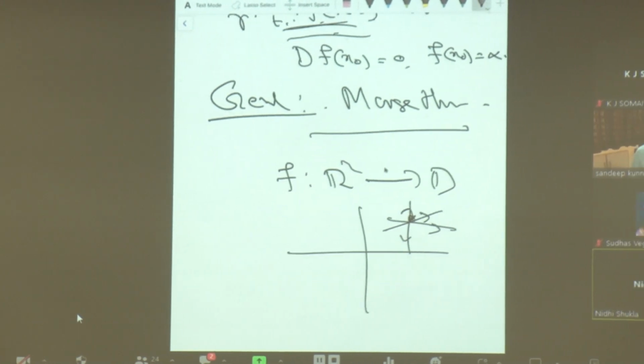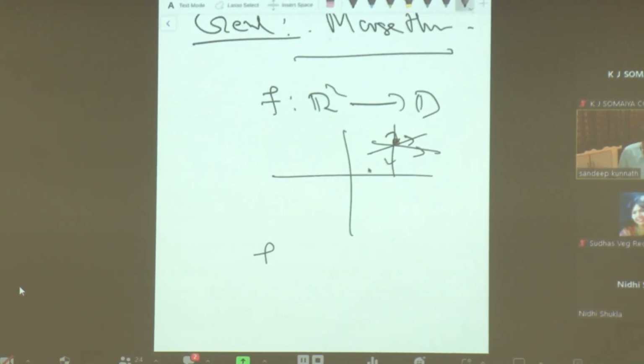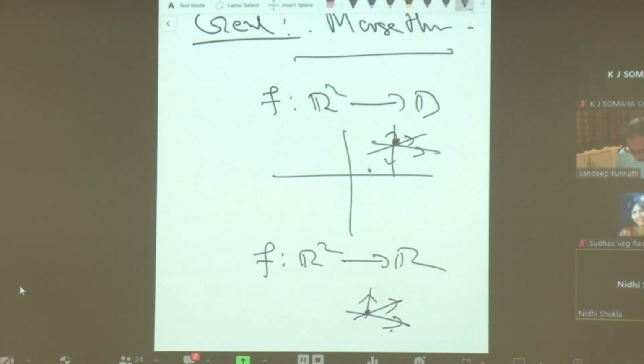Yeah. So you take, for example, a function f from say R2 to R, and you take a point here. It is possible that all the directional derivatives exist, but f may not even be continuous. So Gateaux derivatives only make sure that directional derivatives exist.